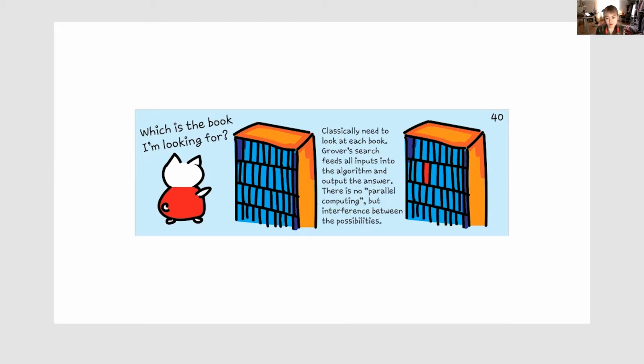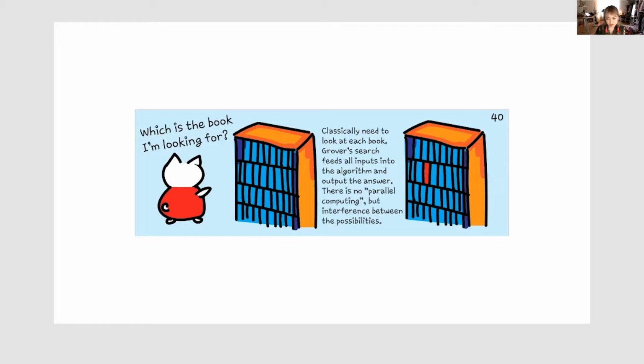Grover's search puts all of the library books into the algorithm. And through the interference between all the books, the one you're looking for will come out through constructive interference, and it will output as the one.